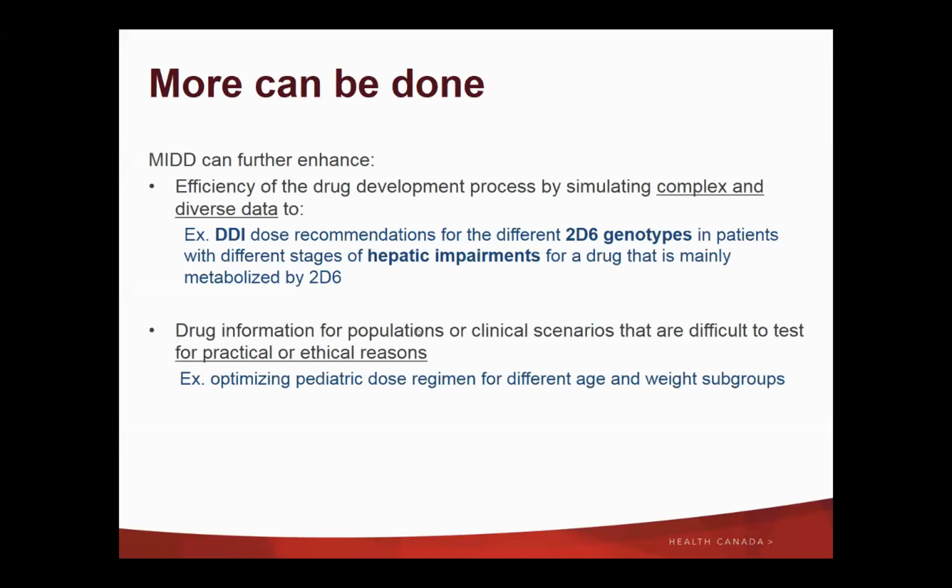And particularly if this drug has complicated pharmacokinetics, for example, it is impacted by genotype variations. In those cases, the use of modeling and simulation is very useful and justified. And we can have even more applications on similar topics.